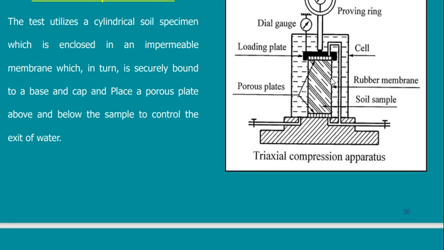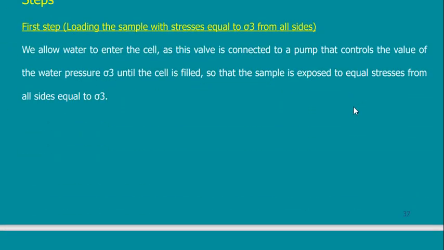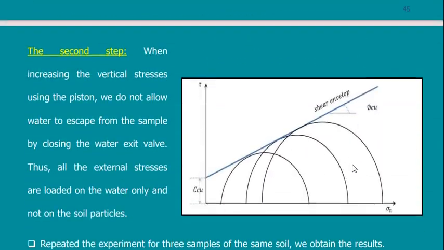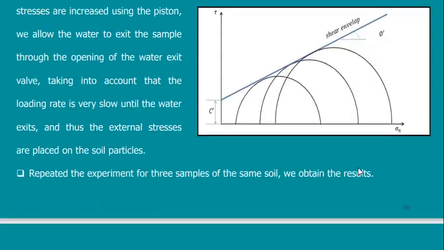The sample is free. This plane may be sheared, any plane, maybe in the other direction, it may be sheared like this. Who knows? But in the direct shear test, I am forcing the sample to be sheared on a specific plane.